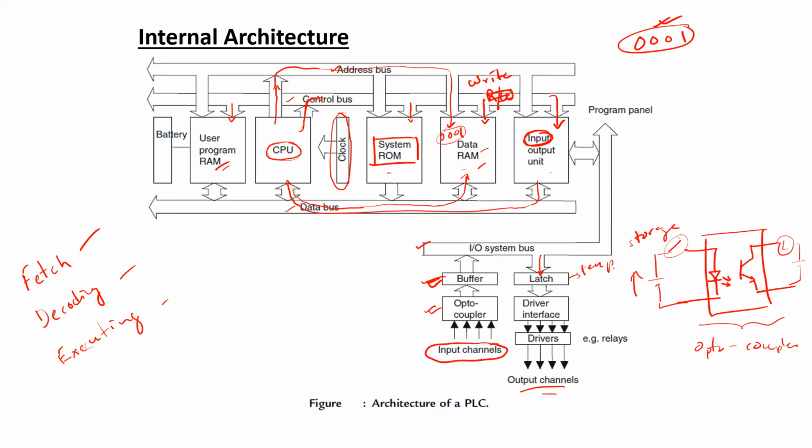We can use another PLC as output to another PLC, right? I mean, we can control other PLCs using another PLC, right? You can establish communication between multiple PLCs.